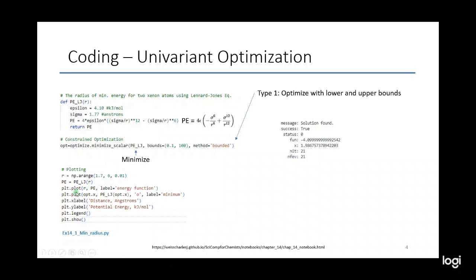In the first plot, we will display x values against their potential energy, PE, and label the curve as the energy function. Separately from the continuous curve, we will also plot a single point representing the minimum, since we know the x value of the minimum is stored in opt.x.